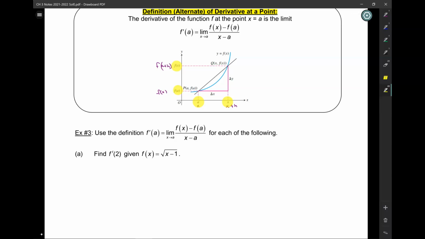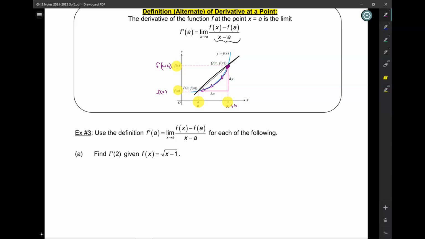So now what will the slope of the tangent line be? Well, the slope of this black secant line will be f of x minus f of a over x minus a, right? y2 minus y1 over x2 minus x1. Now, in order to make it a tangent line, we bring that point closer and closer to the first point, right?